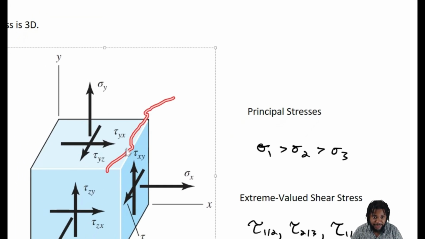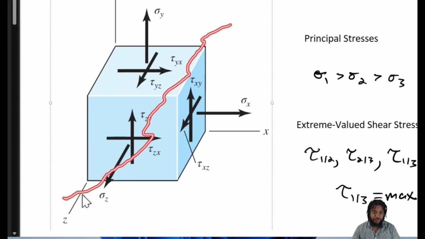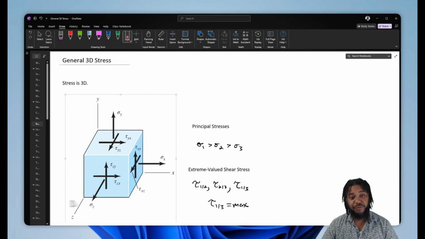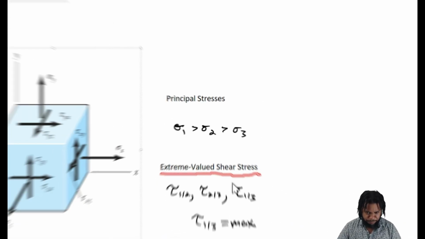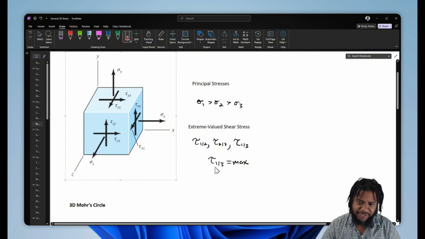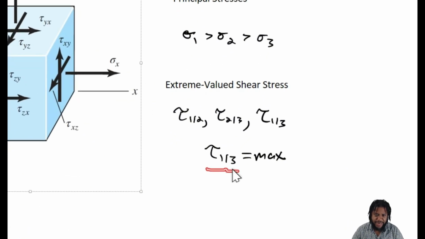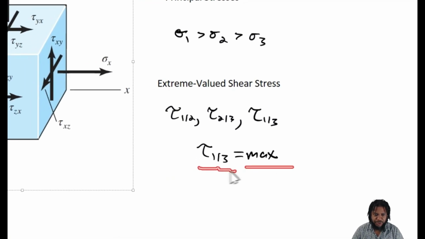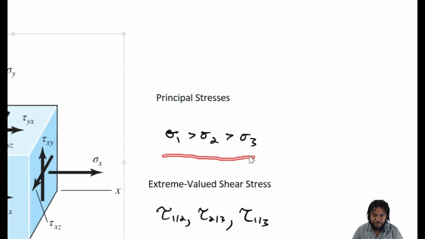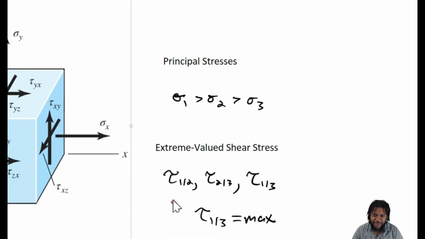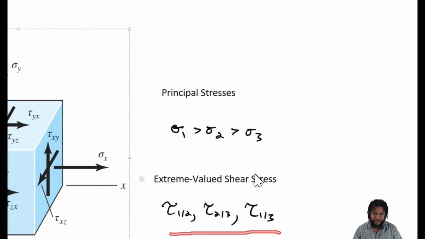We also could find another orientation where the shear stresses are maximized. We call those the extreme valued shear stresses, where the overall maximum is going to be tau 13, which is the overall max. Now, how do we deal with this case where we have 3 principal stresses or 3 extreme valued shear stresses?